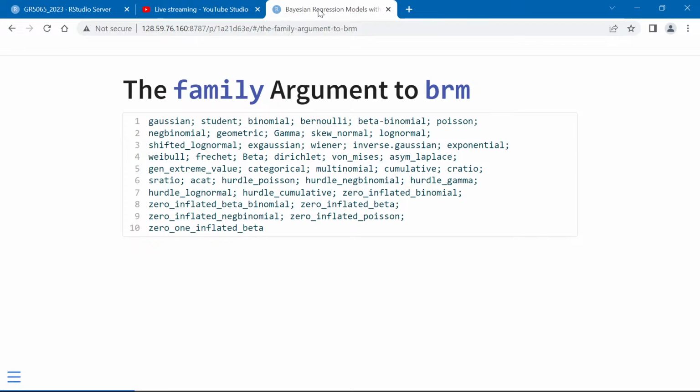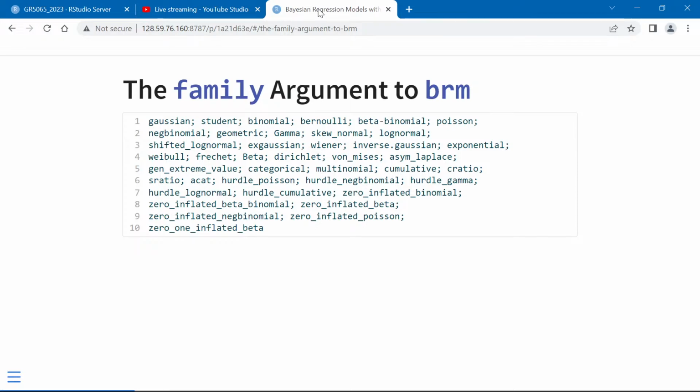Others maybe not so much yet, but there are a lot of them, and each of these functions, like Gaussian or Bernoulli, really all of these, have a variety of choices for the link function or inverse link function. It's just the flip side of the same coin.